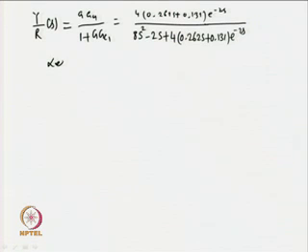Let us assume that e to the power minus 2s be represented as e to the power minus s upon e to the power s, which can be approximated as (1 minus s) upon (1 plus s).